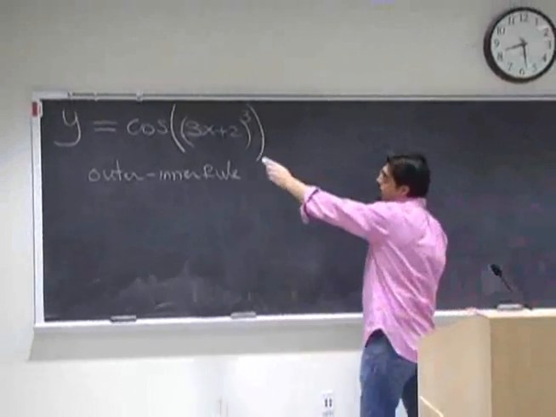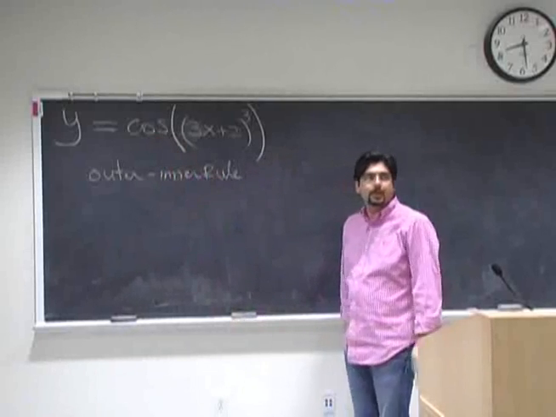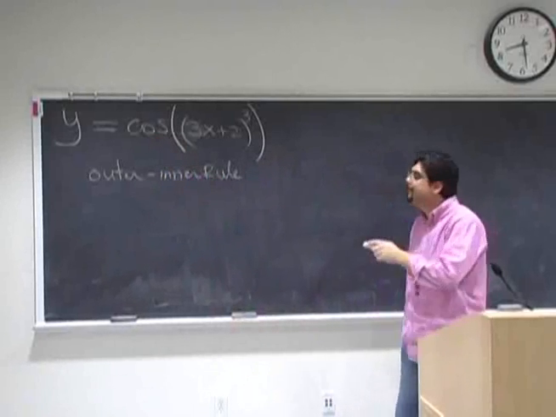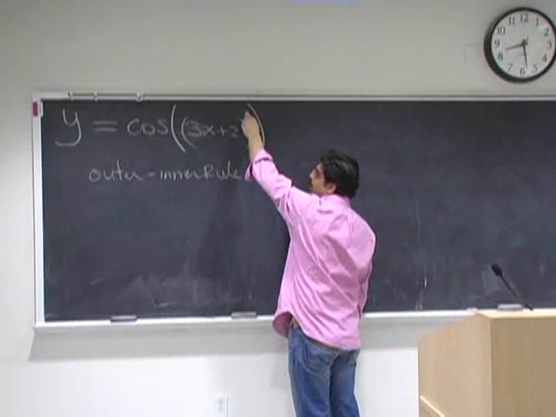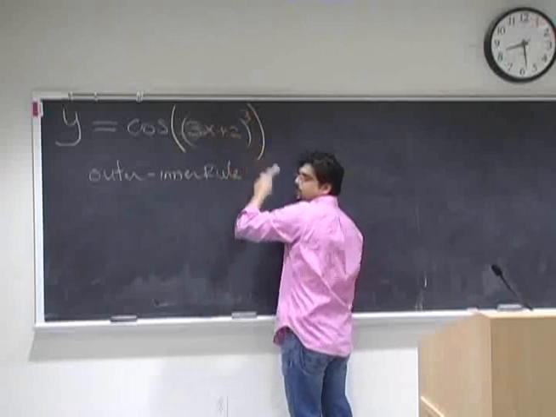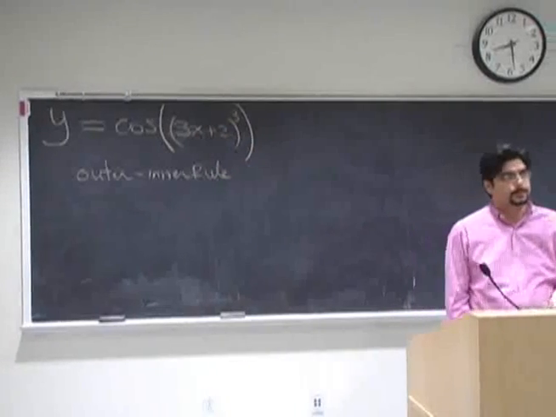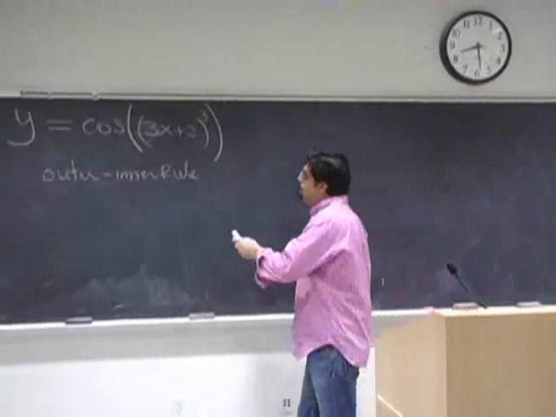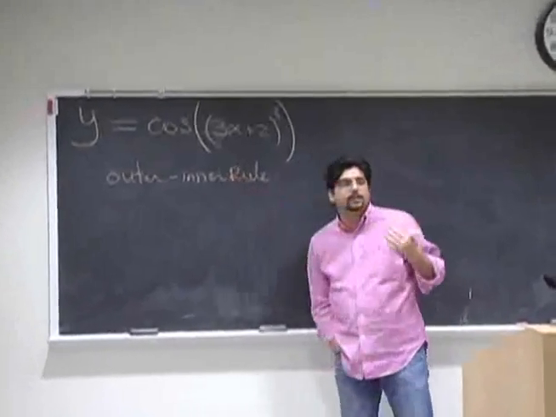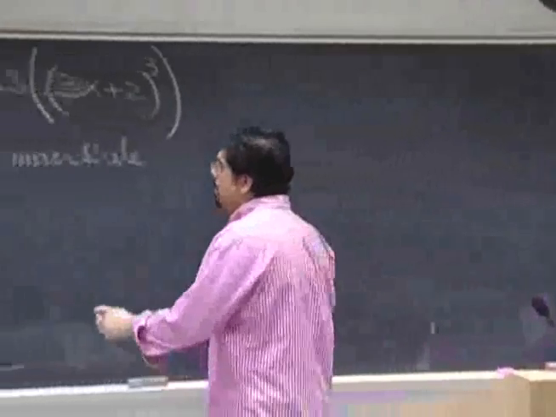Literally, the outermost function in this expression is cosine x. The next function in is the power function. And the next function in is 3x plus 2. So think about these as layers. And the way we differentiate composite functions, you can just think about differentiating the different layers one at a time.